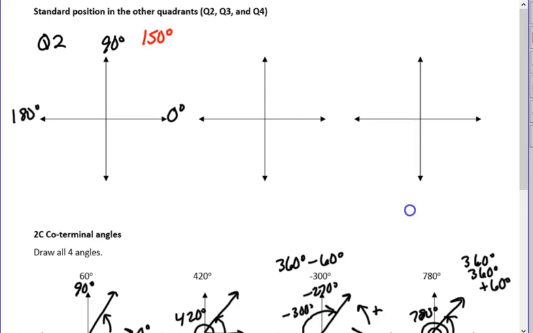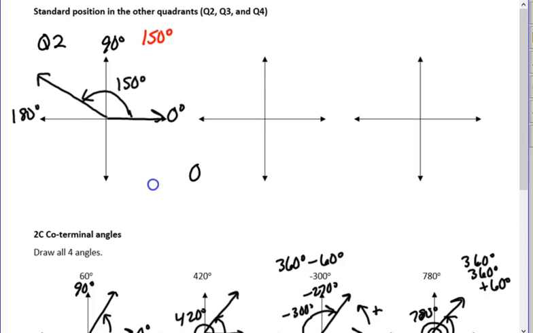So if we go all the way around 90 and then we go about another 60 degrees, it would be about right here. So it starts at 0 and we go around to 90. So this is 150 degrees. Notice I can also see that the angle between 150 and 180 is 30, so this angle should be about half as big as this angle here, which would be the other 60 degrees. That gives me an idea of how to draw it.